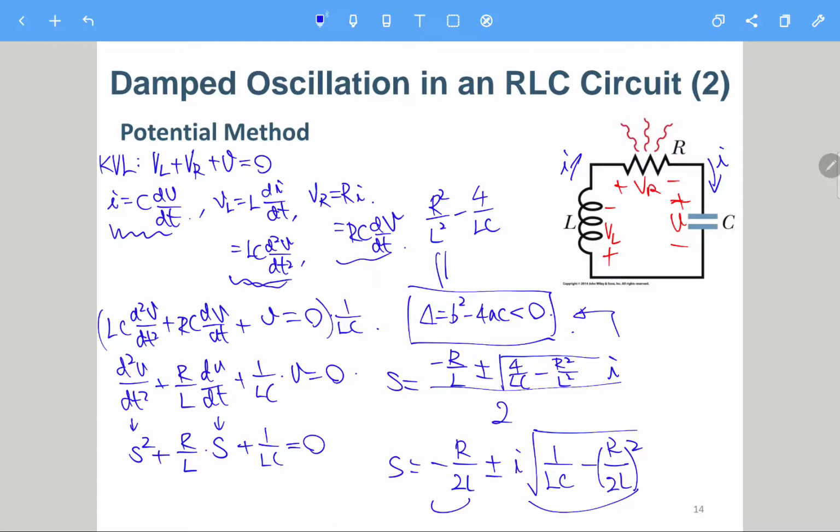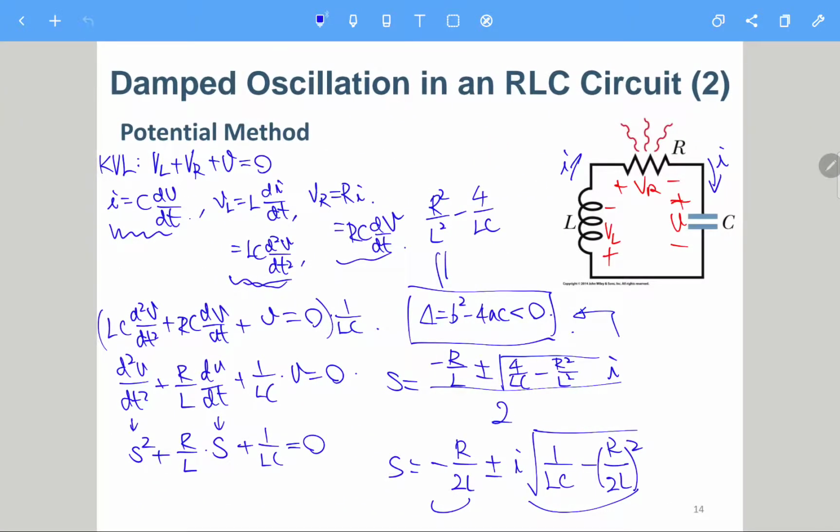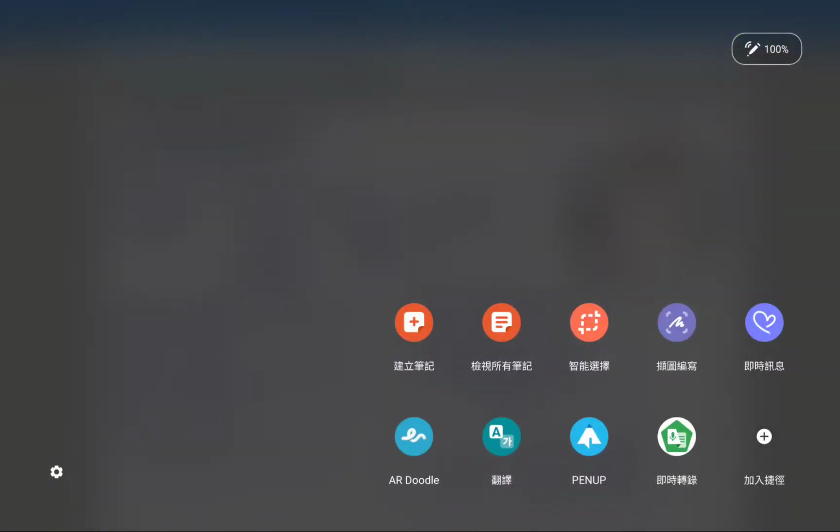And if you still remember, as we know, this is a complex conjugate root.